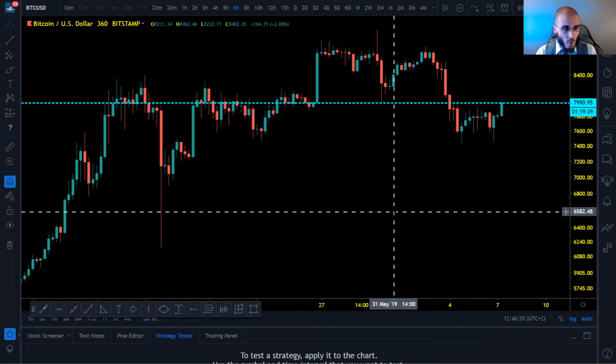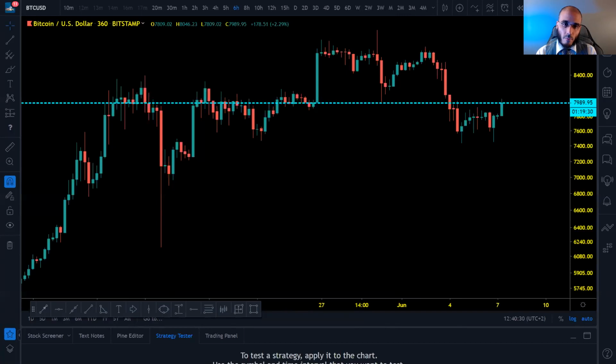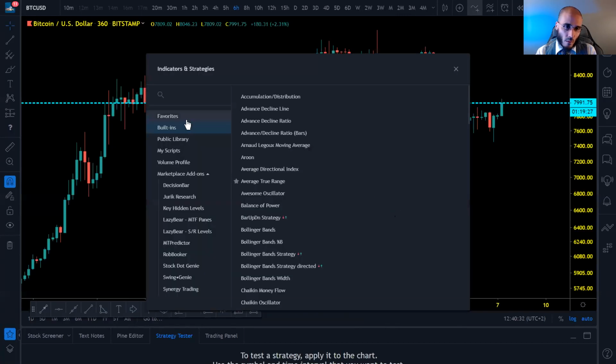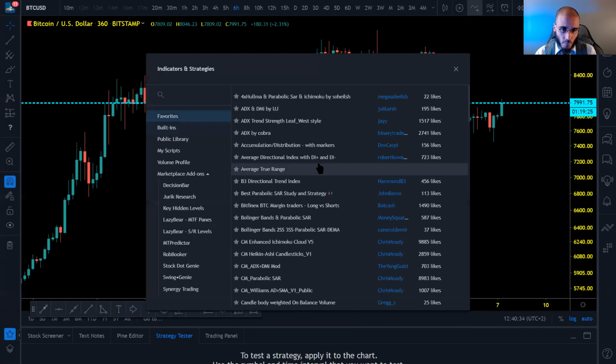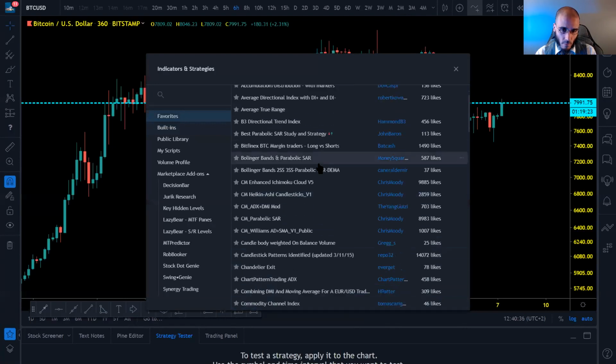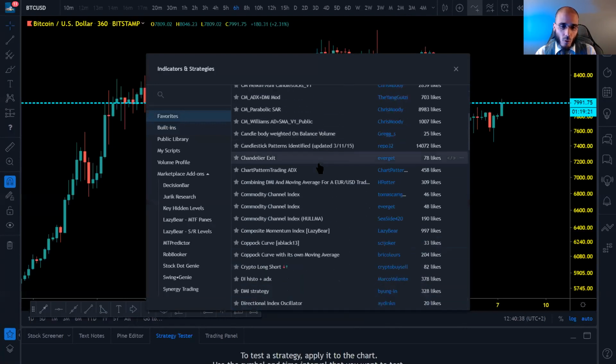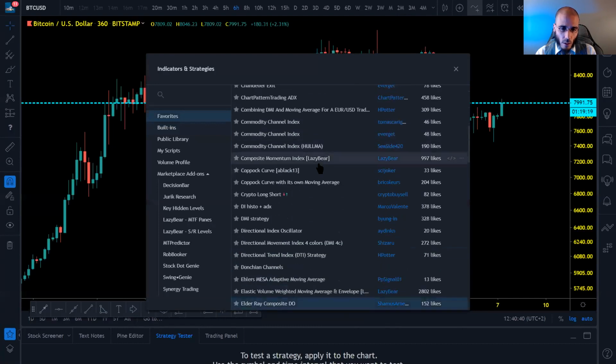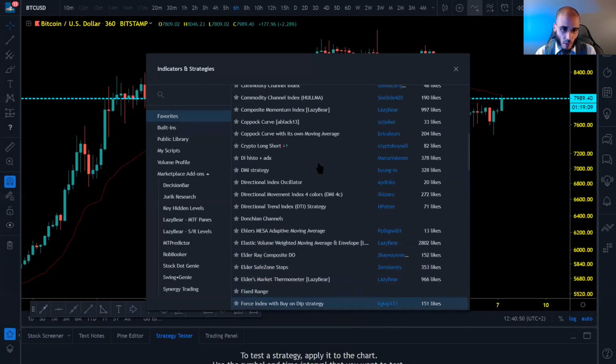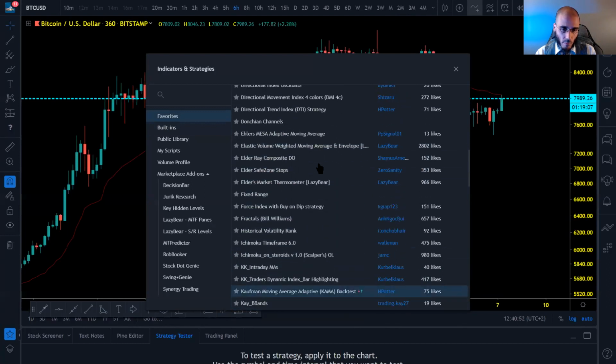Elastic volume weighted moving average and envelope. I have to go look for every indicator and put it up. Here's the first one. Second one is on balance volume analysis.